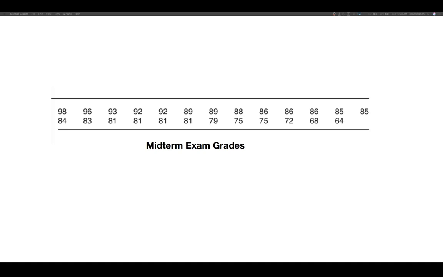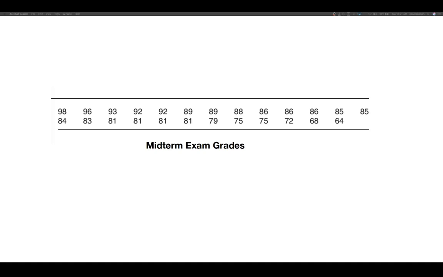Now, if we put all of these scores in a simple frequency distribution, we would have to include all of the values from 98 down to 64, which means that many potential scores would have a frequency of 0. And by just simply looking at that array, you may not actually see that it could also be useful.